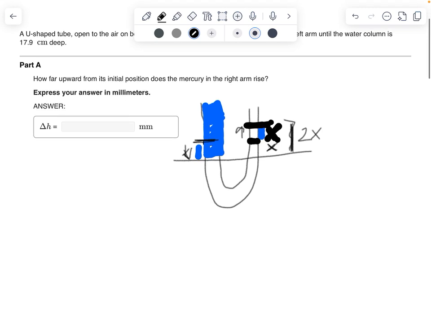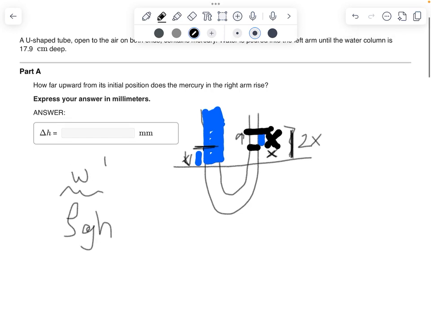So they're both open to the atmosphere, so I can ignore the atmospheric pressure. So I can just say at this point that the rho g h for the water, okay, this is the water side, has to equal the rho g h for the mercury.